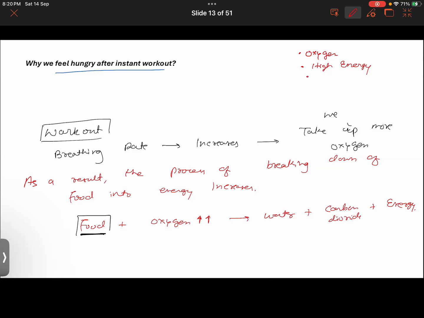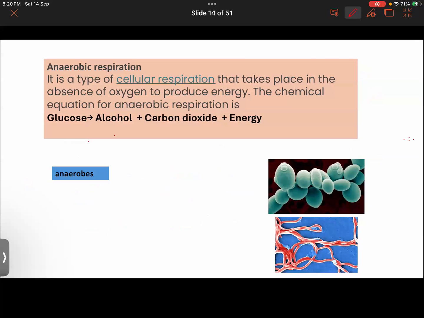Then we learned that organisms that do this kind of respiration are called aerobes. Also, we learned that along with release of energy, carbon dioxide and water are also formed. So this was all about aerobic respiration.